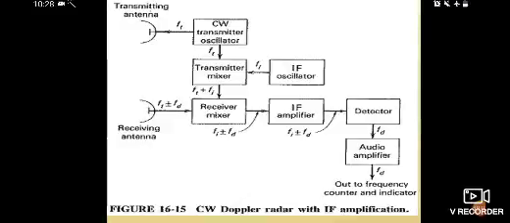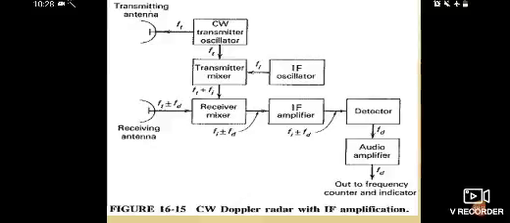In the modified CW radar, the main intention is that the receiver mixer output is amplified by using the IF amplifier. The IF amplifier output is then demodulated in the detector to produce the Doppler frequency, that is FD, which will eliminate the echoes from the stationary targets.